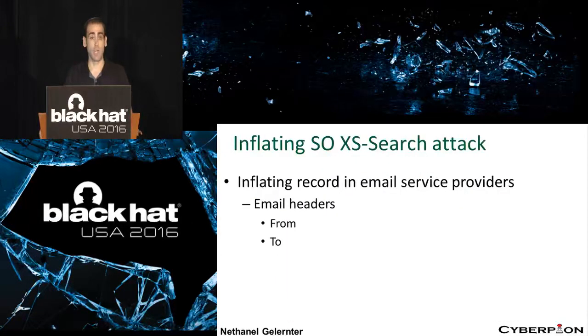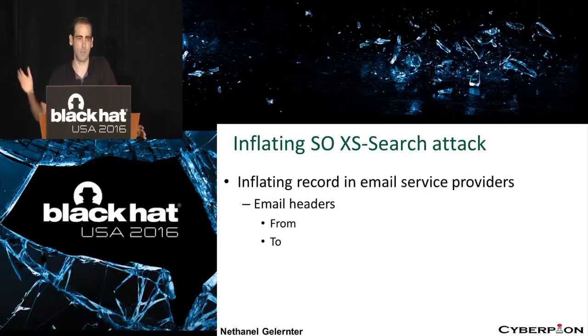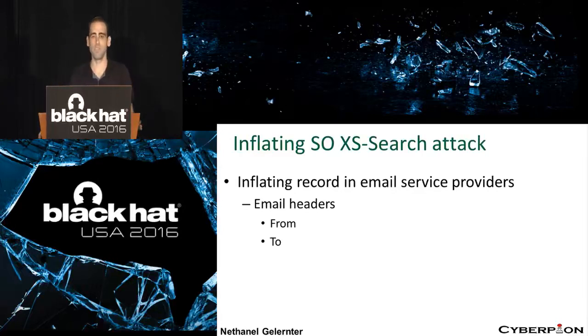Now I owe you an explanation of how we can create an inflating record. I found a very simple trick to create an inflating record in email services. This trick was applicable in both Yahoo and Gmail, and I found that there is no reasonable length restriction on the from and the to email fields in emails.